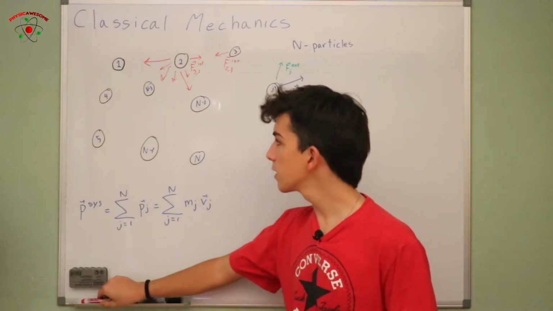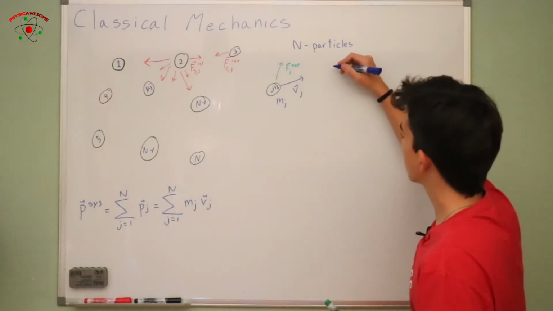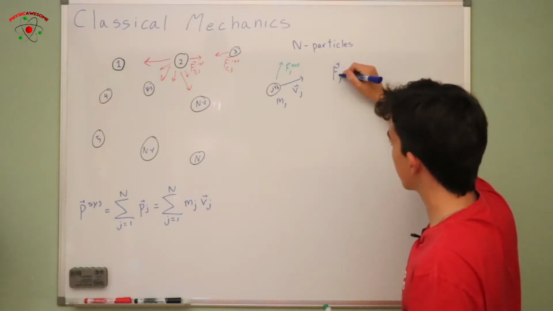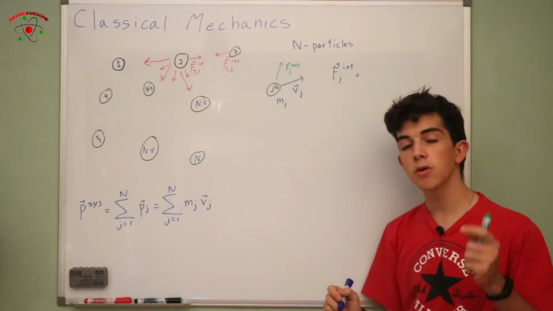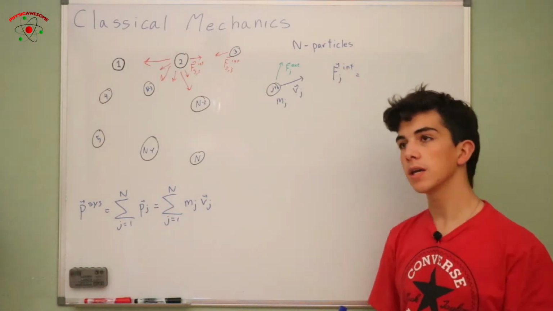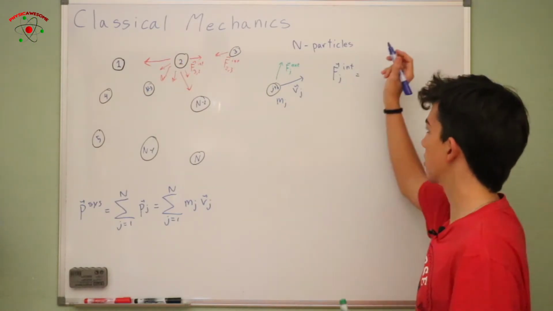In that way, we're going to define one quantity that is going to be F_j internal, and it is going to be the sum of the forces applied by each other particle on that one, our jth particle.